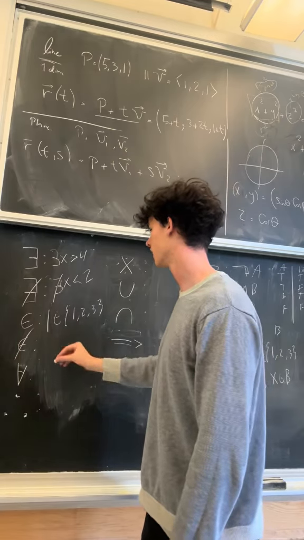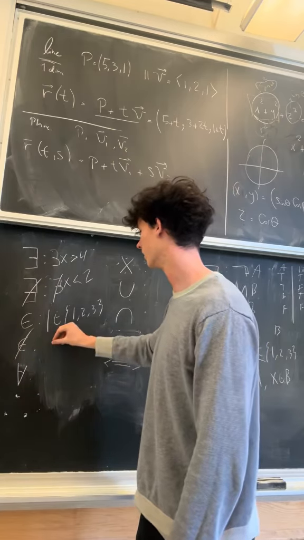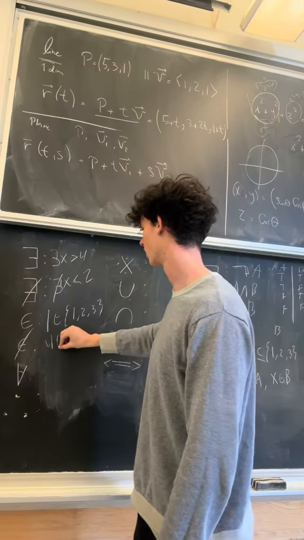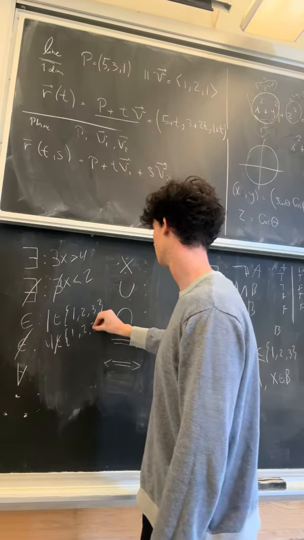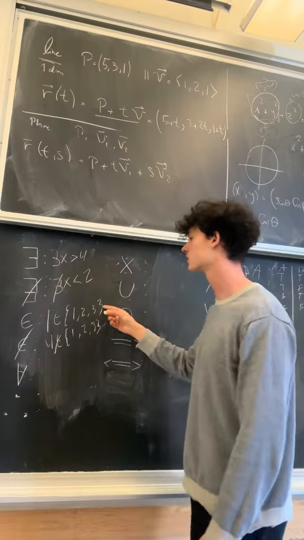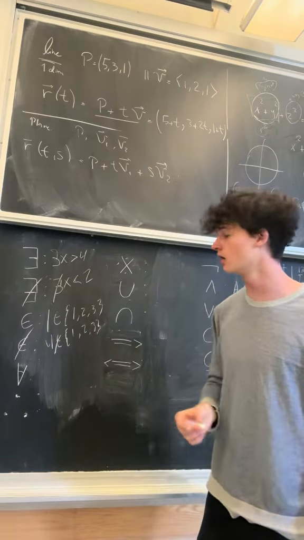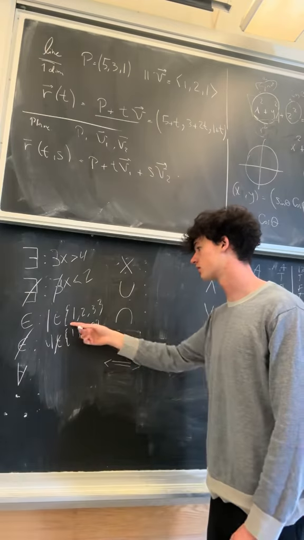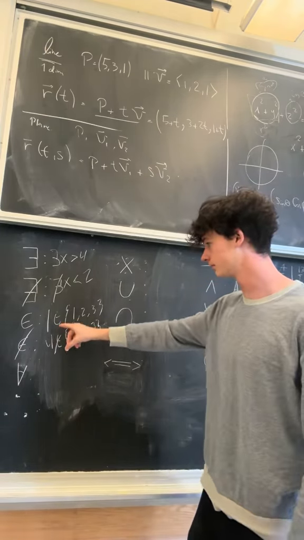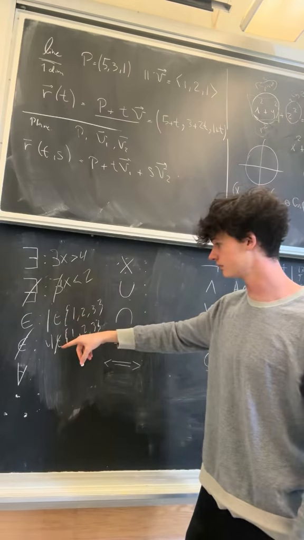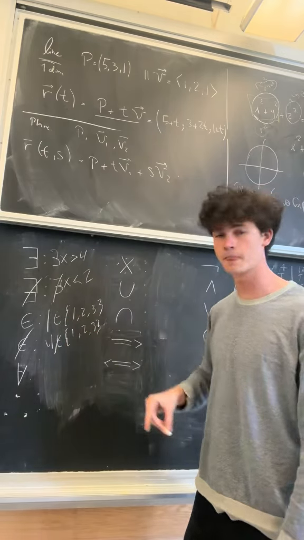And this next one, the negation, means not an element of. So we can say 4 is not an element of this same set {1, 2, 3}. This is a set, just a collection of objects, and these are just integers. That's what these two mean: is an element of, is not an element of.